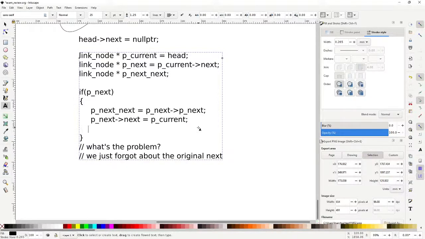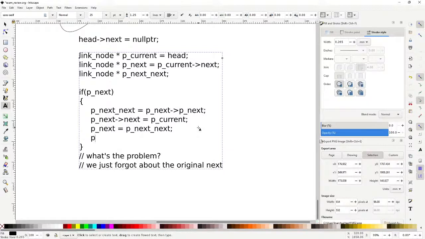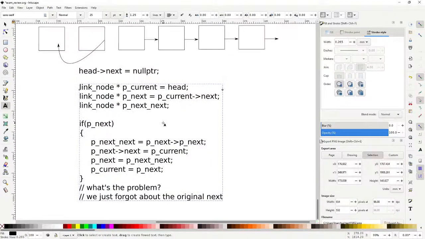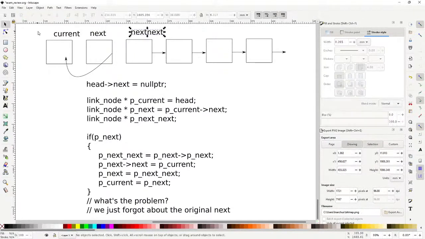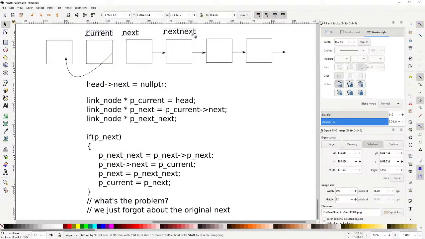And then what we're going to do is set p current equal to p next. What this does is get us ready for the next step. Instead of this one being the current and this one being the next, we're going to move everything up by one, like this.